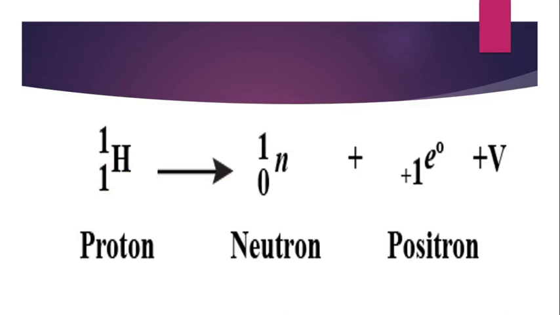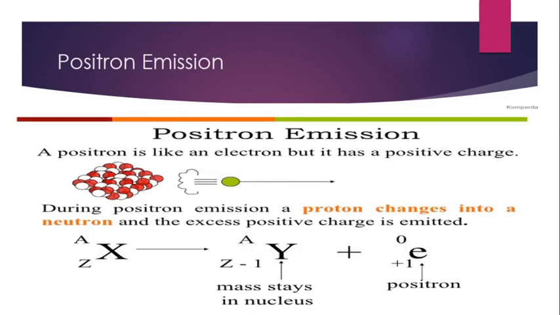How? H11, it denotes the proton. So a proton is converting into a neutron and a positron with the neutrino. So in this parent nuclei XAZ, a proton is converted into neutron, positron and neutrino.